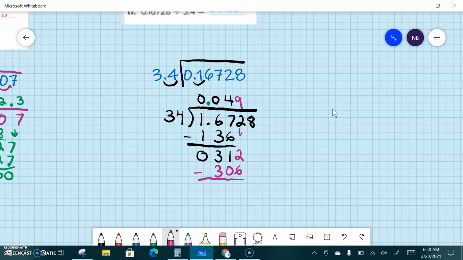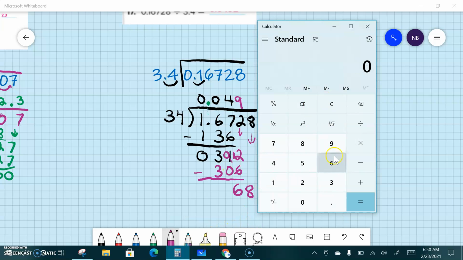All right, so we'll do our normal subtraction. We're going to borrow here, or regroup, as they call it nowadays. 12 minus 6 is 6. And then we're going to drop our 8 down. Now, 34 into 68. I'm going to be lower than 4 and 9 because I already know that 4 got me 136 and 9 got me 306. So let's try 34 times 2.